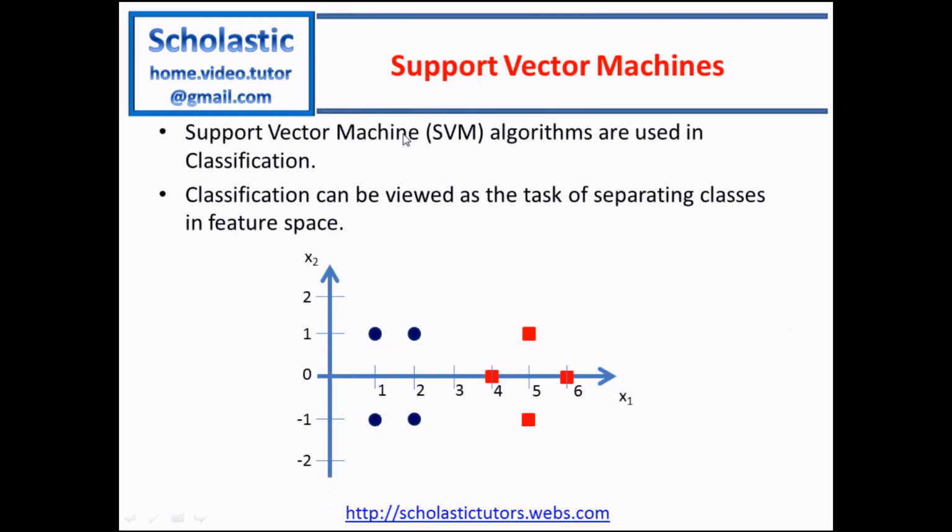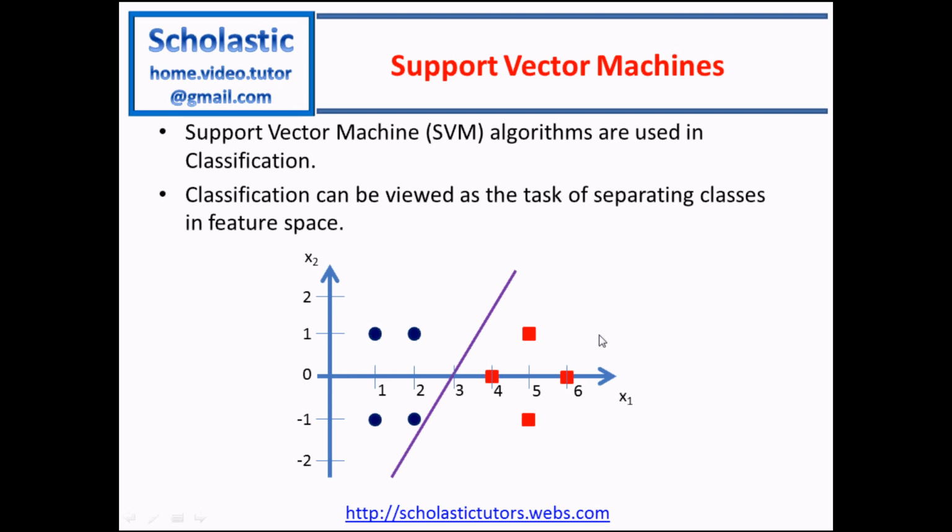Support Vector Machine, or SVM, algorithms are used in classification. Classification can be viewed as the task of separating classes in feature space. For example, here we have two classes, the blue class and the red class, in the feature space of feature x1 and feature x2.